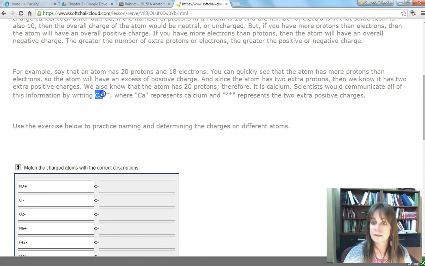If you remember, big C little a is calcium, and then in a superscript, right on the right side of that, it's got 2+. That's where the charge is. That means it's got 2 extra positive charges, but do we gain protons? No. We only gain or lose electrons, so that means that we have lost 2 electrons.